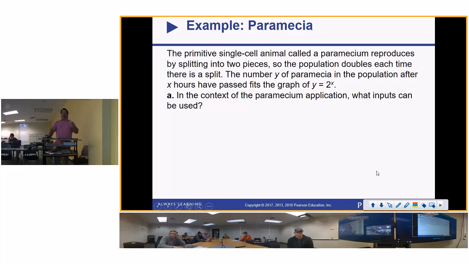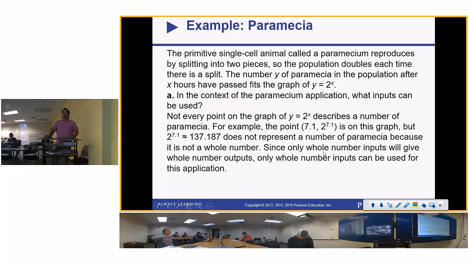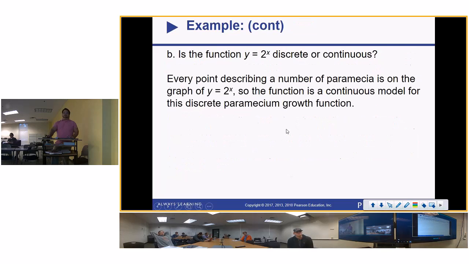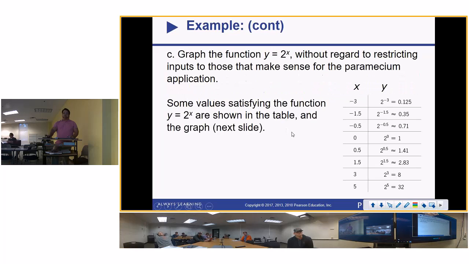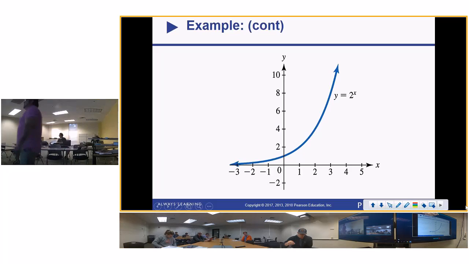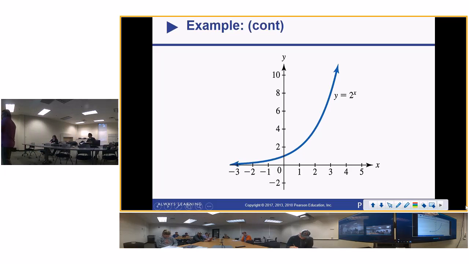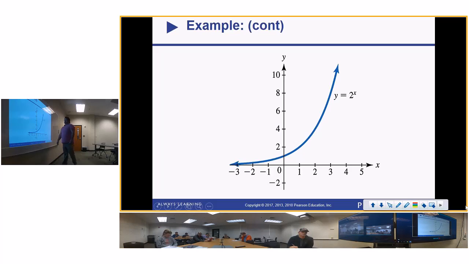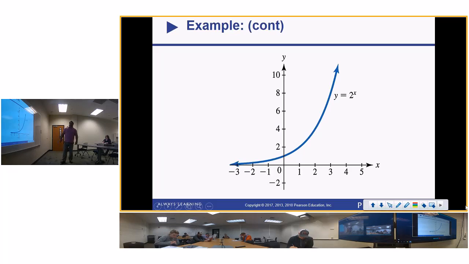When you have an exponential function, it's going to look like that. So y is equal to, and just use 2 to the x. It's always going to be an increasing function. What is it doing in the first quadrant? It's increasing.